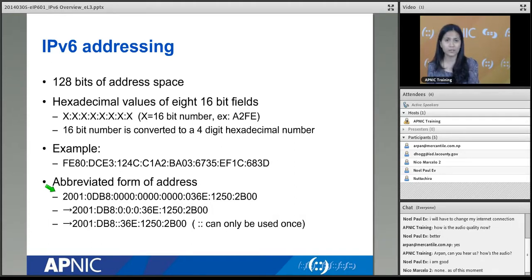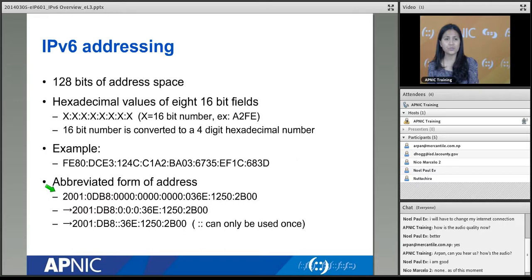What else? If you have groups of zeros, different fields that are adjacent to each other that are all zeros, they can be abbreviated, removed altogether, and then represented as a double colon. Okay, so see here, this is a double colon, and it represents 3 fields. Now, you can only use a double colon or a null value once in an IPv6 address because otherwise it will be vague.